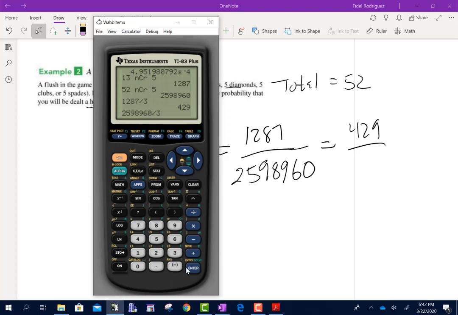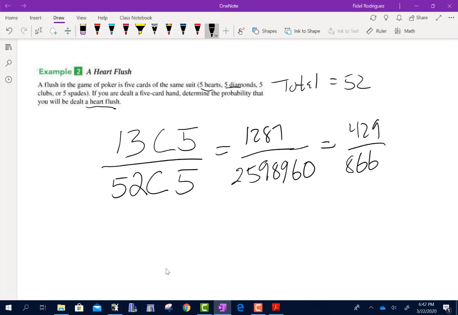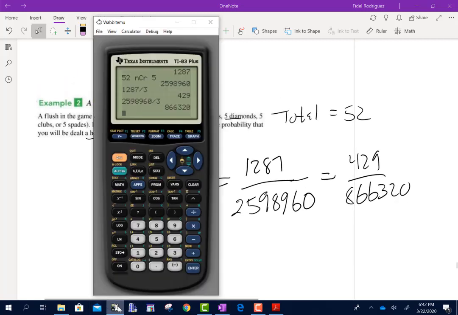Let's see if we can divide it by 3. Whoa, buddy, we can. So 866,320. I'm going to try dividing both of them by 3 again. Let me try dividing that bottom number by 3 and see if that works. No, it doesn't. So dividing it by 3 did not work.